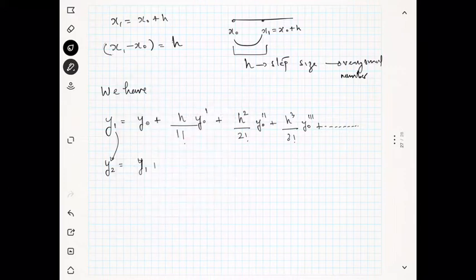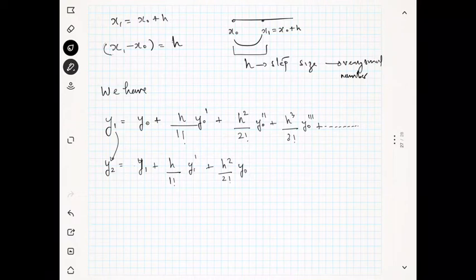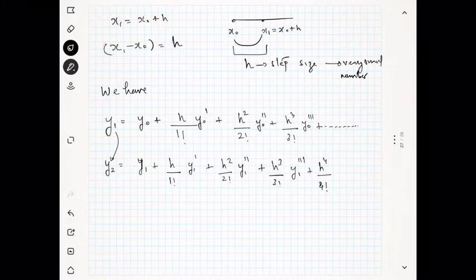So this is nothing but y1 plus h by 1 factorial y1 dash, plus h square by 2 factorial into y1 double dash, plus h cube by 3 factorial into y1 triple dash, plus, if there are fourth order terms, you can write h to the fourth by 4 factorial into y1 fourth dash, and so on.